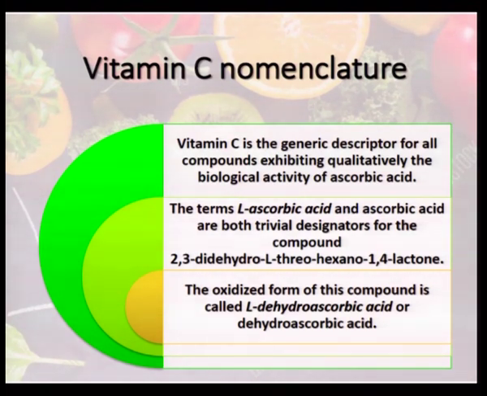So it's chemically 2,3-didehydro-L-threo-hexano-1,4-lactone. So we have this oxidized compound called L-dehydroascorbic acid or dehydroascorbic acid. So this kind of discussion helps us understand what chemically vitamin C is made of.